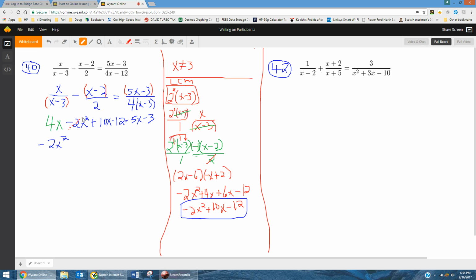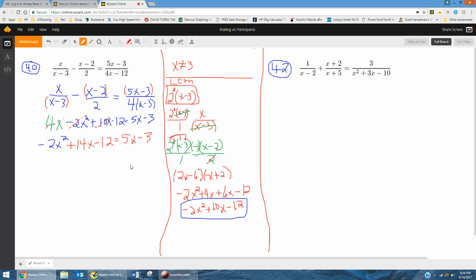So I'm done with this one. 4x and 10x is 14x. So I'm done with these two. I've got a minus 12. And I've got a 5x minus 3 on the right side.